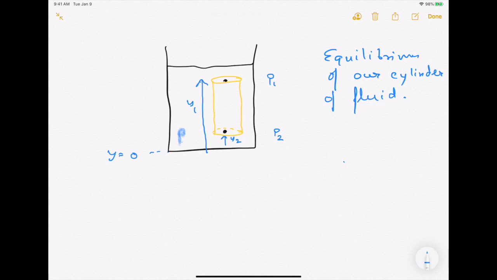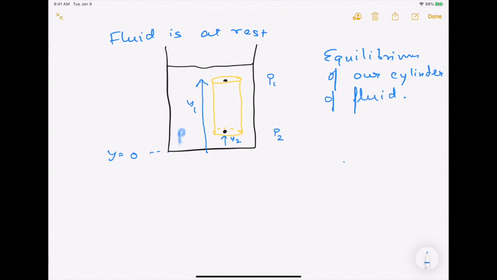So the main thing here is that our fluid is at rest. So if we consider this yellow cylinder of water, obviously that's at rest because every part of the fluid is at rest. So this yellow cylinder of water must be in equilibrium, right?